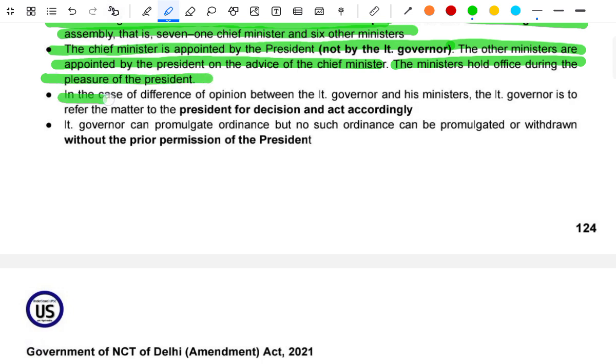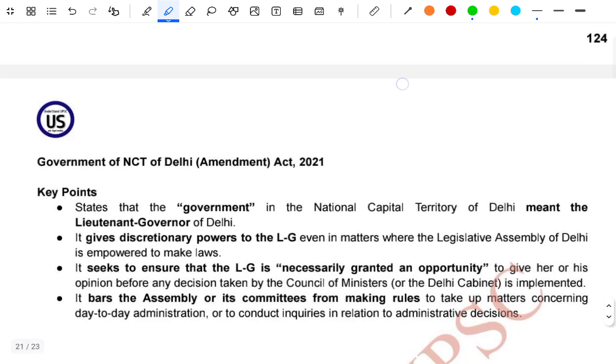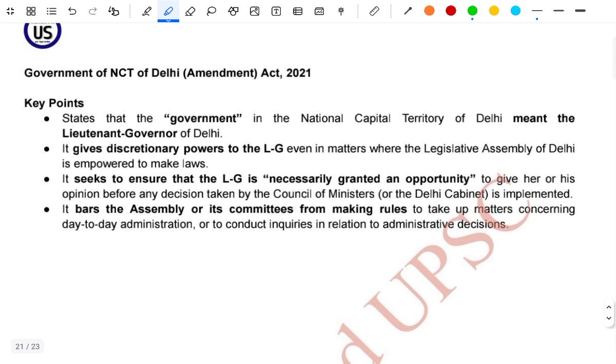In case of differences between the governor and his ministers, the governor is to refer the matter to the President for decision and act accordingly. If the governor promulgates an ordinance, no such ordinance can be promulgated or withdrawn without the prior permission of the President.